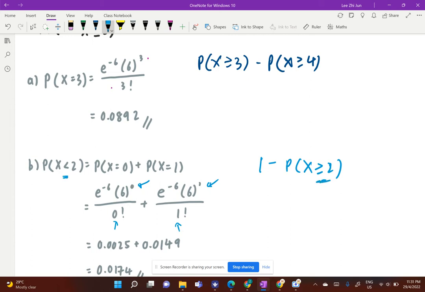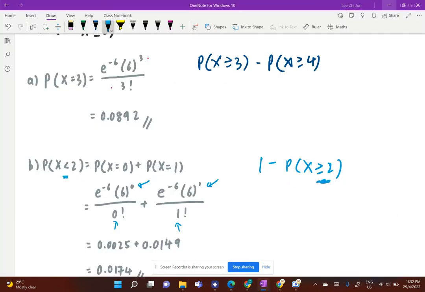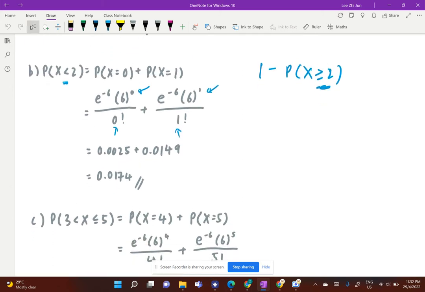So here I include these two and I minus away these two. P(X larger or equal to 2) is 0.9826, so 1 minus 0.9826, I will get 0.0174. So same.